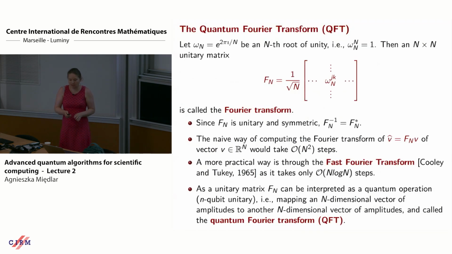So you will see that I will start skipping things because you have learned already about the quantum Fourier transform, so it's one of those essential tools that we are going to use in different settings in quantum computing. So I'm not going to talk about that, but if you want it for reference, you can go back and look at the slides.